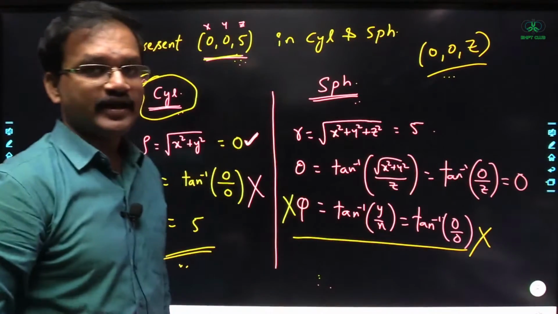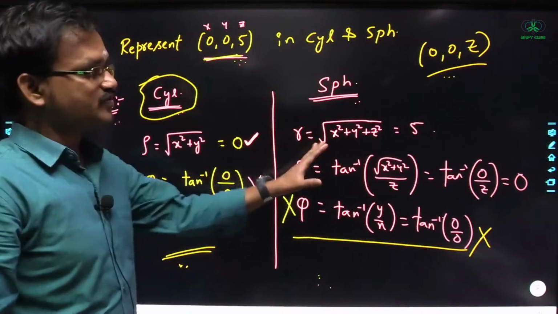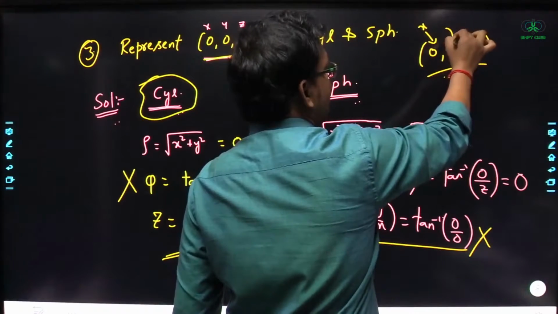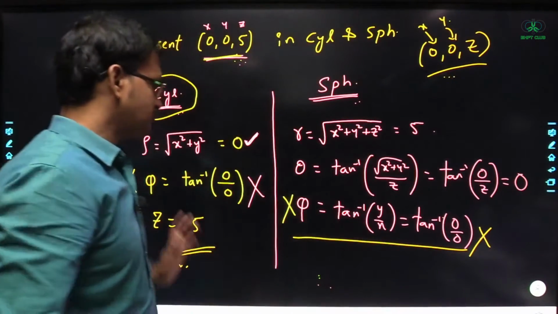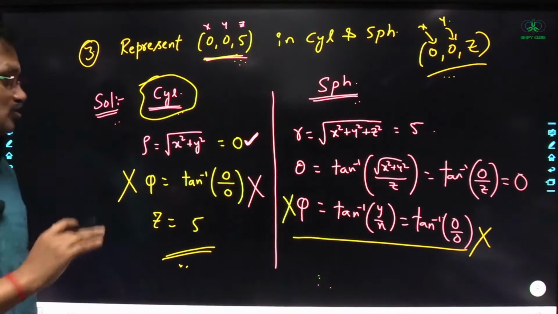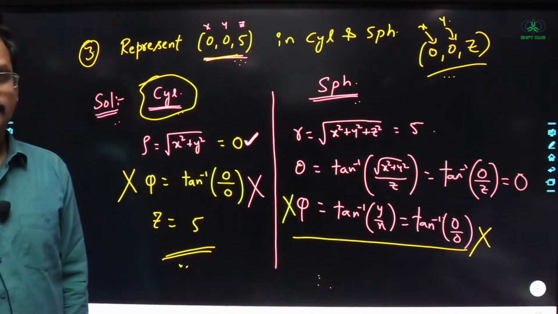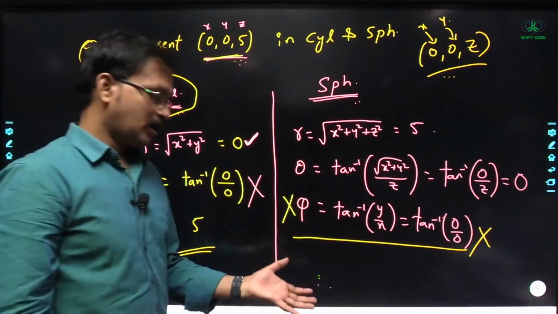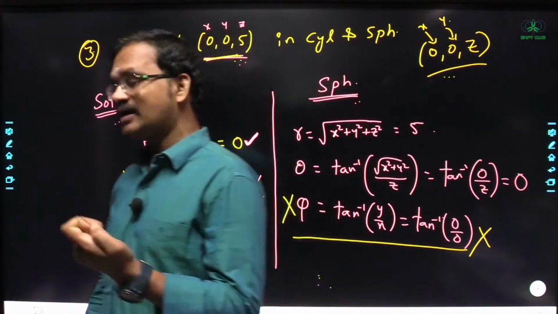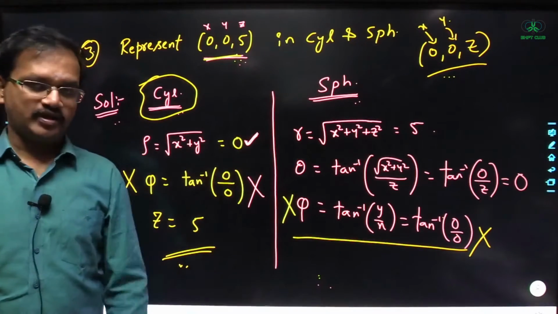These points cannot be represented uniquely in cylindrical and spherical coordinate systems. Why? Because here the x value is 0 and the y value is also 0, so phi is not defined. That means the point itself is not defined in cylindrical as well as spherical.